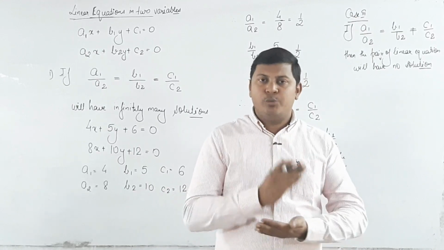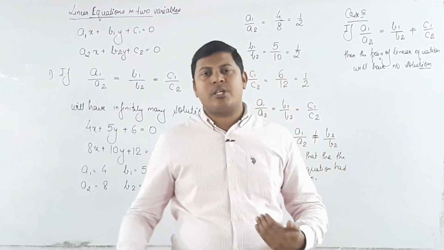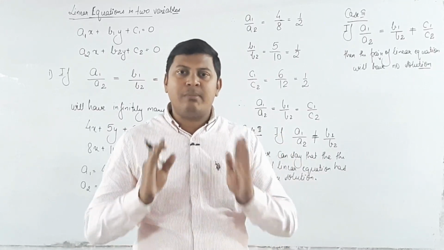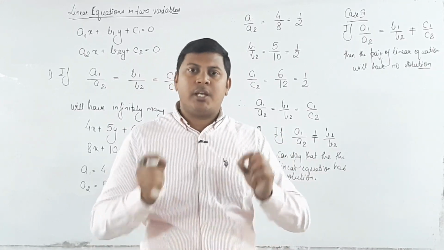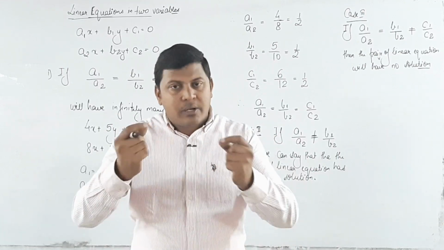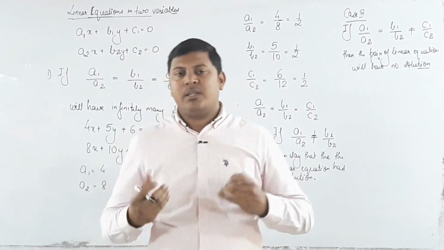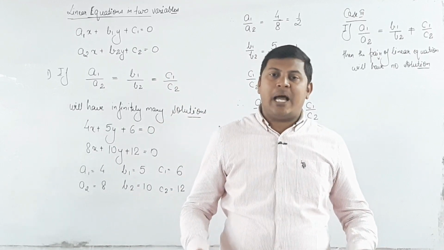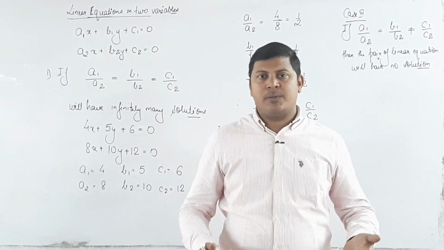So these are the three cases that we have discussed right now: unique solution, many solutions and no solution. So remember one thing, whenever the ratio of a1 by a2 is equal to b1 by b2 and equal to c1 by c2, then the pair of linear equations will have infinitely many solutions.